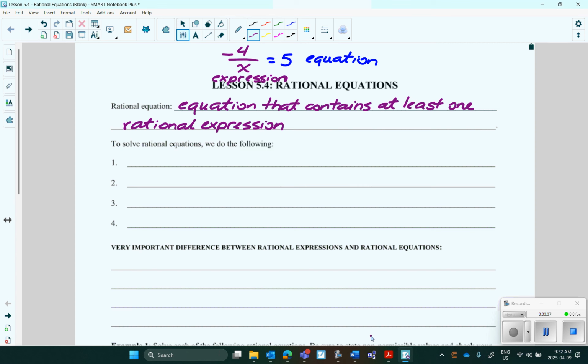And remember, we decided to define a rational expression. It's like a fraction, an algebraic fraction. So a couple of examples, like we've got one up here, -4/x equals 5. We could do long ones like 1/(x² - 9) + 7/x = -2. Okay, those are all examples.